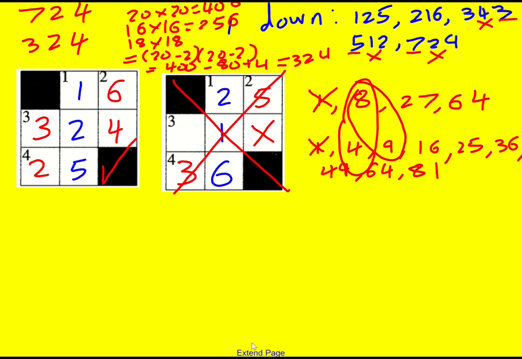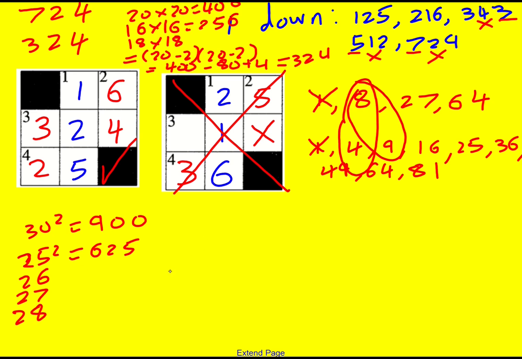724 on the other hand, well, 30 squared is 900. 25 squared is 625. 26, that's going to end in a 6. 27 is going to end in a 9. Okay, 28, that's all we have. And 29 is not going to work because that will end in a 1.